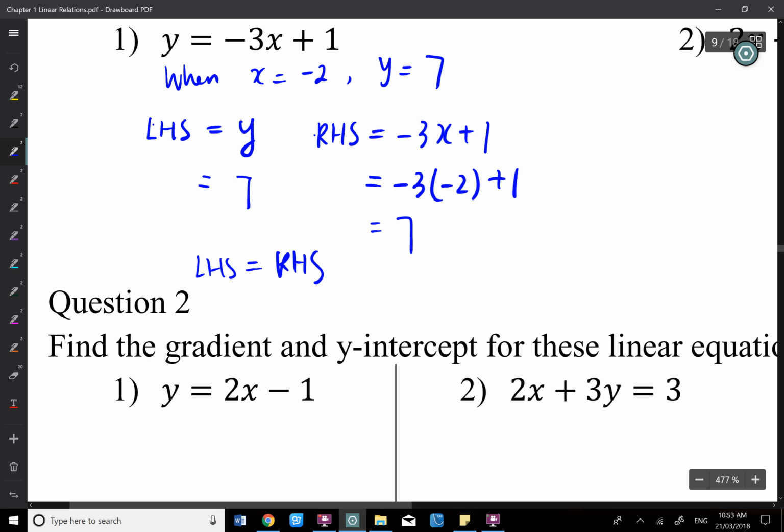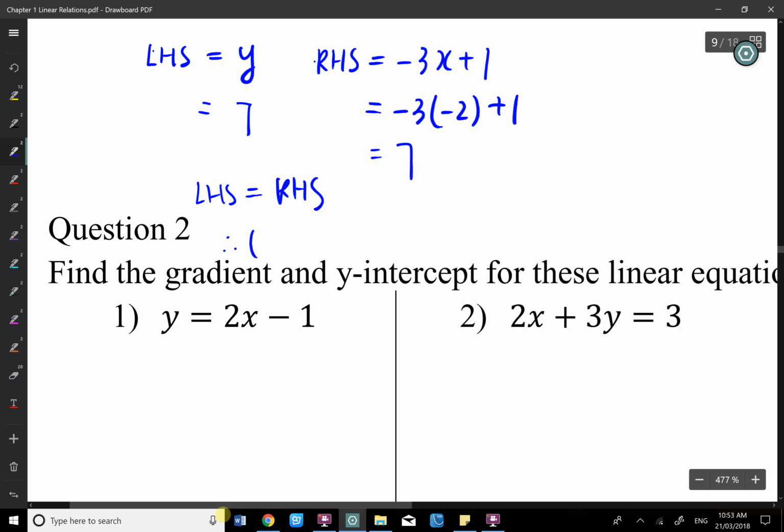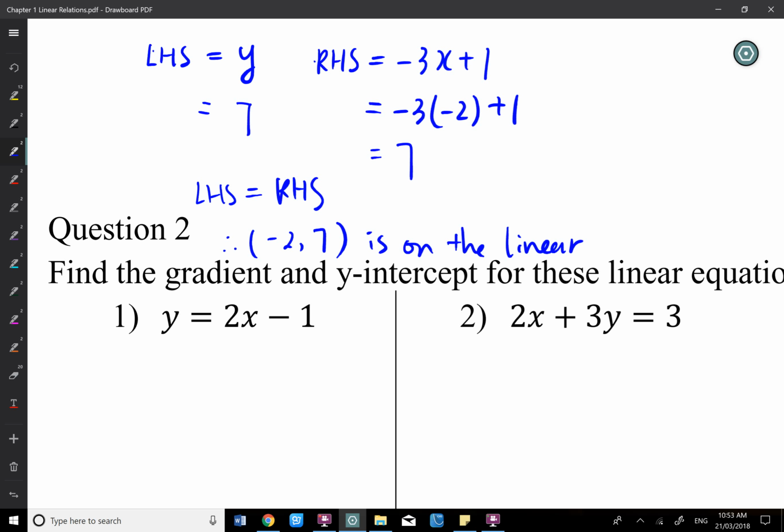So this point can still hold the equation. So (-2, 7) is on the line. That's what you should write. I know everyone can test whether it's on the graph or not, but that's how you should express your answer and communicate.